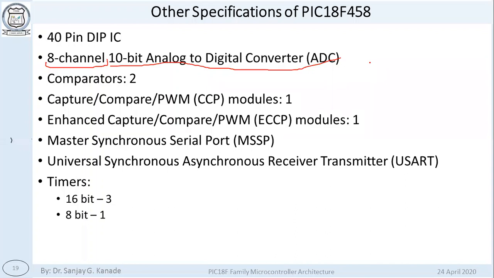It was an 8-bit ADC. What it means is, whatever analog signal you provide to that ADC as an input, the output will be 8-bit, and 8-bit means the output value will be 0 to 255.